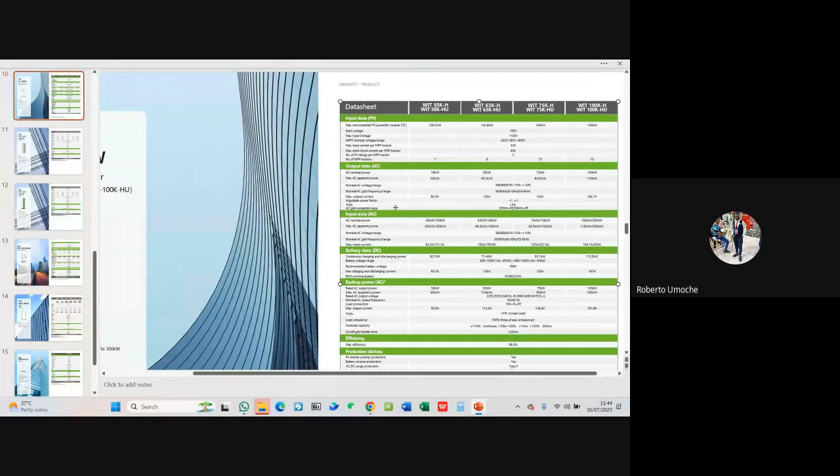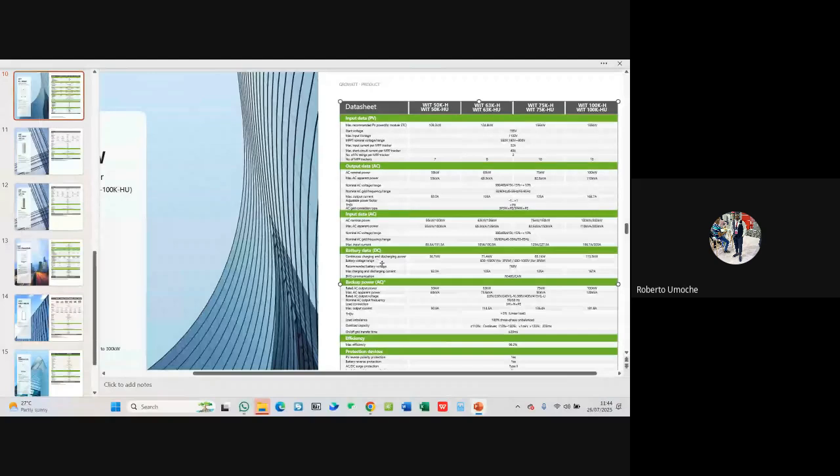The AC grid connection type: you can connect it as a three-phase 3-wire or three-phase 4-wire system plus the PE terminal. Then the AC input data. I think I've explained this slide before.